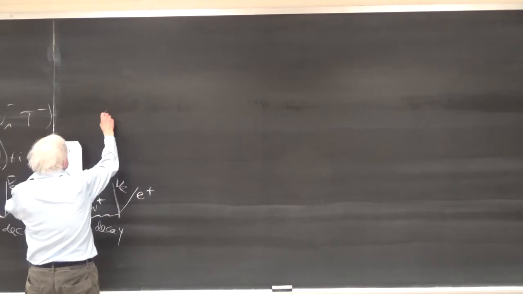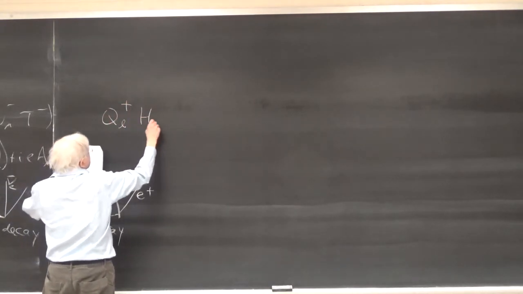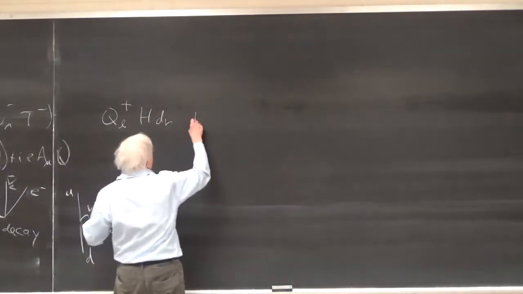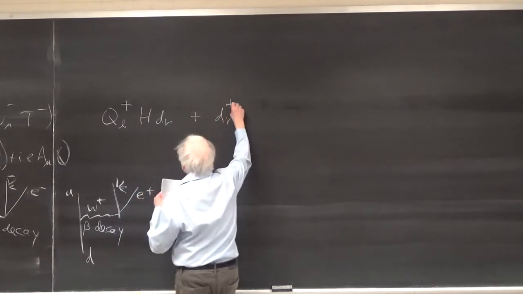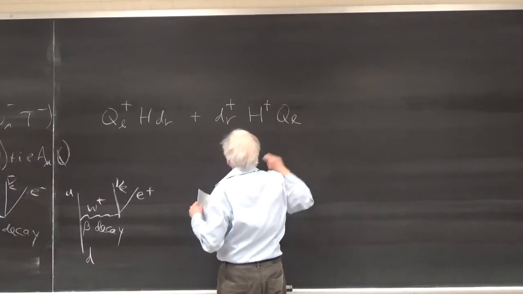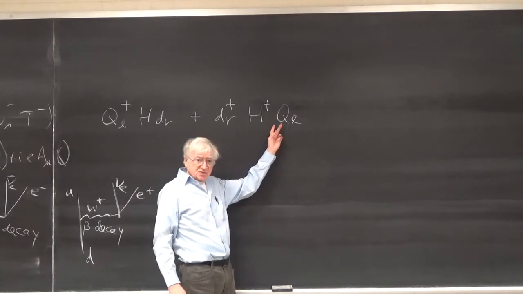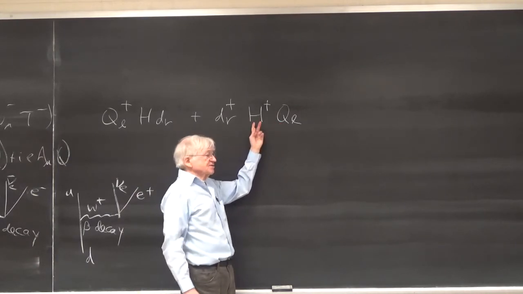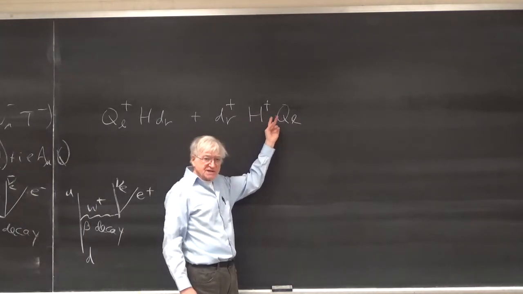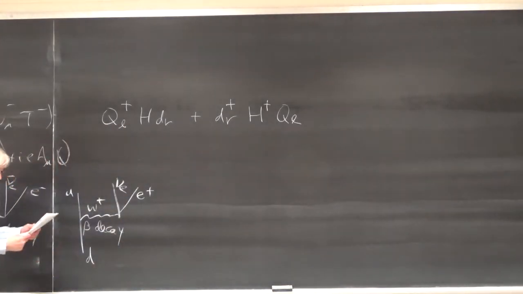What you do is you have an interaction like this: Q left dagger, H, D right, plus the adjoint term, D right adjoint, H adjoint, Q left. Here Q left transforms according to SU(2) left. H does also, so you have the SU(2) group element, the adjoint times the group element, that just gives you the identity, and that's why this also is invariant.